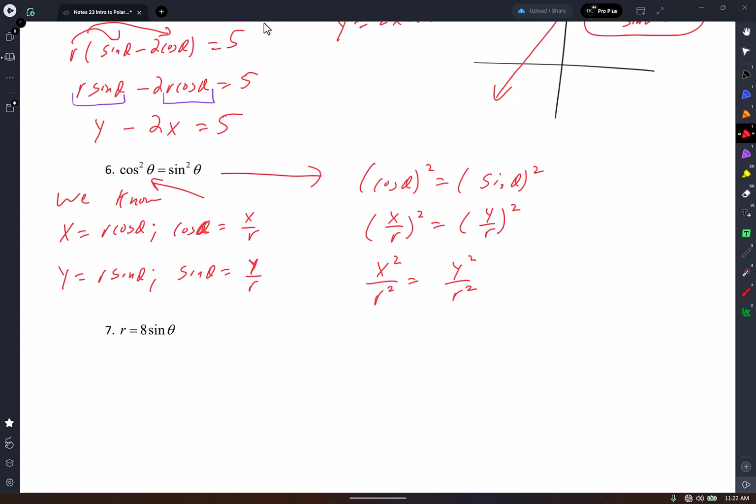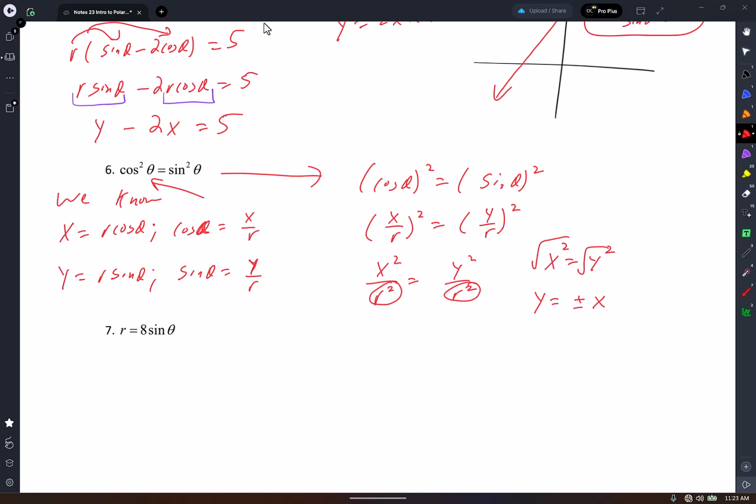And I'll slow down. So then the fact that I have an r squared in the bottom here and an r squared in the bottom here, that just means that x squared equals y squared. And because we always want to have y equals something, when I square root this, I'm going to put the y first. Y equals plus minus x. Because when you take a square root of something squared, it's plus minus.